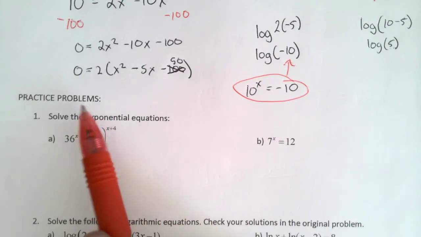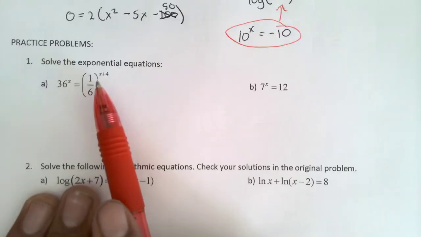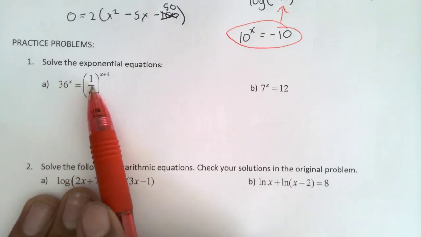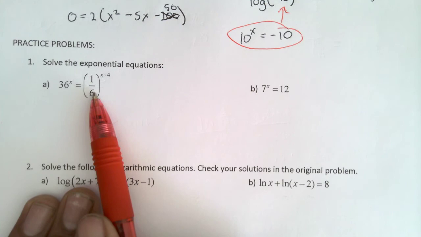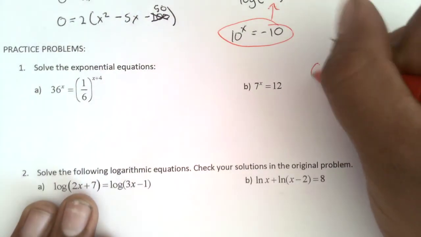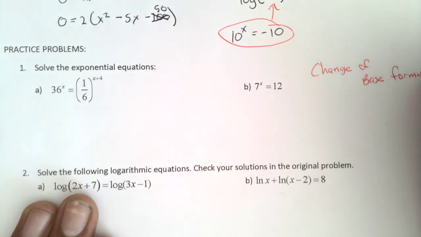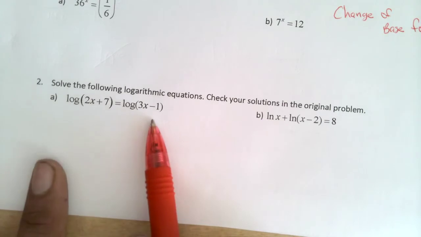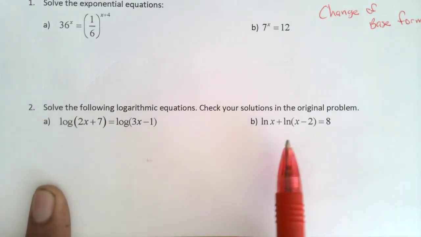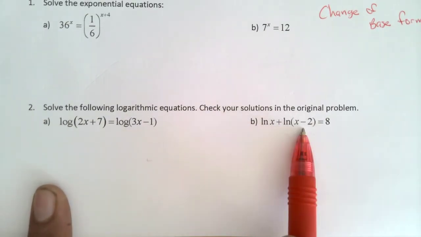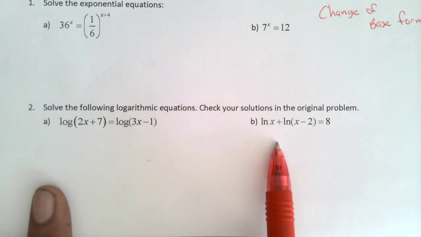So go ahead and you're welcome to do the practice problems. You can see here we'll change the bases. Hint, hint, negative exponent on this one. You will need to use the change of base formula at some point and a calculator for that one. Logs will cancel out here. You might need to condense, and it looks like you might even need to factor on this one.